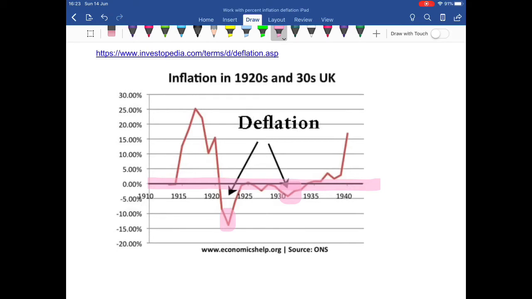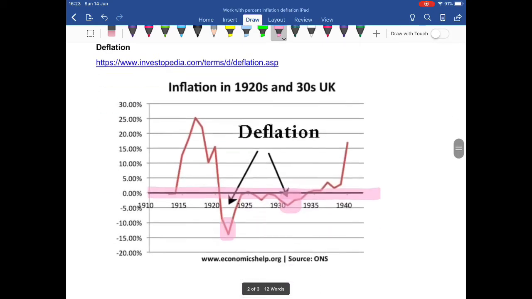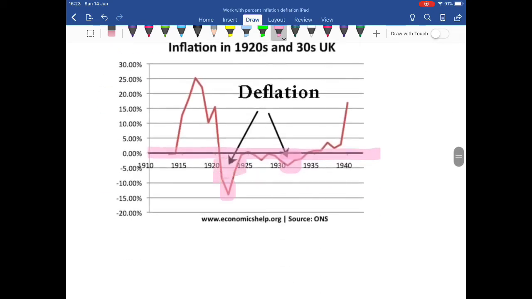So there's less money and credit in the economy. During deflation, the purchasing power of currency is much greater. So during this time, your money can buy you much more than during these times here.